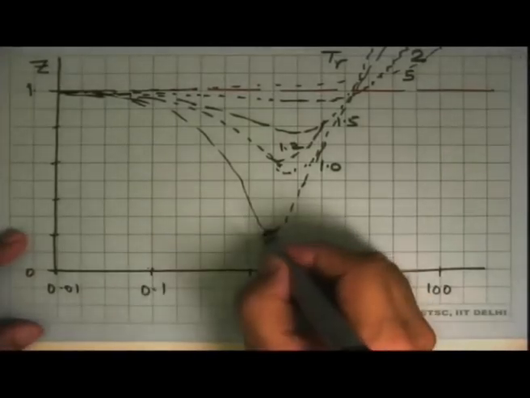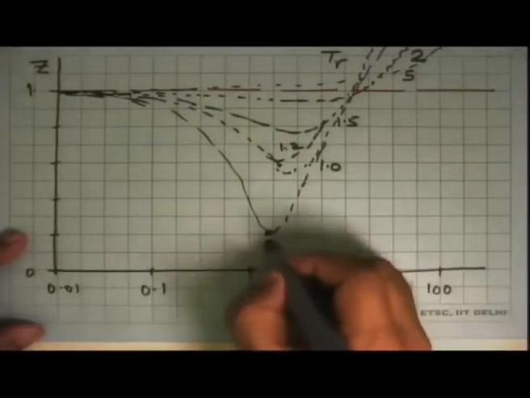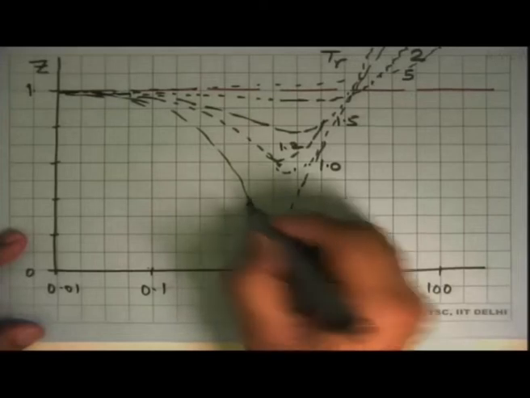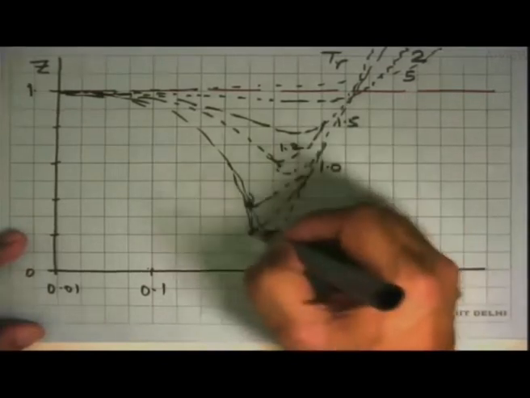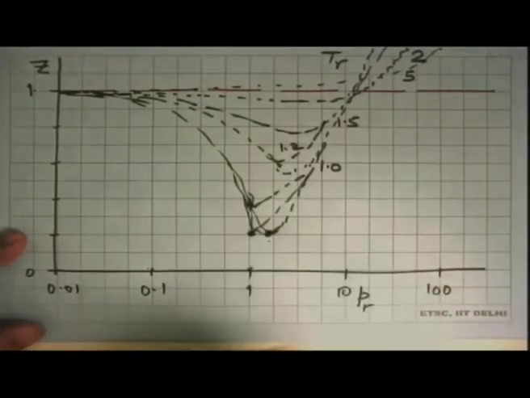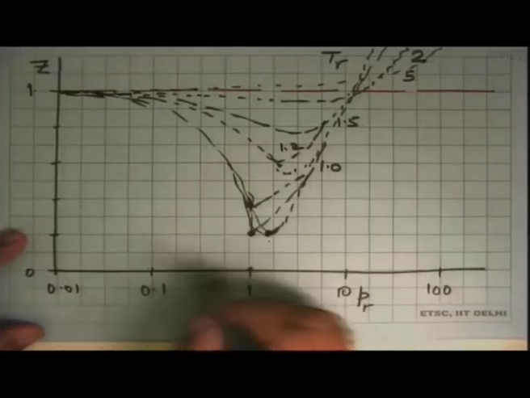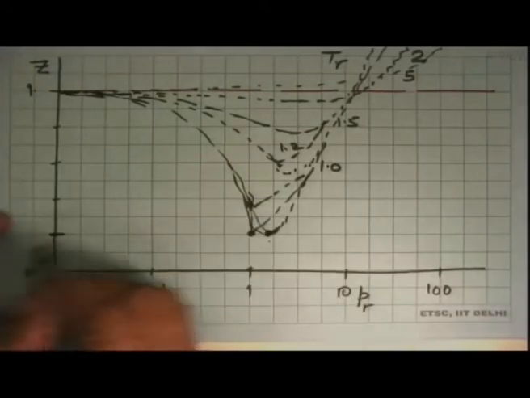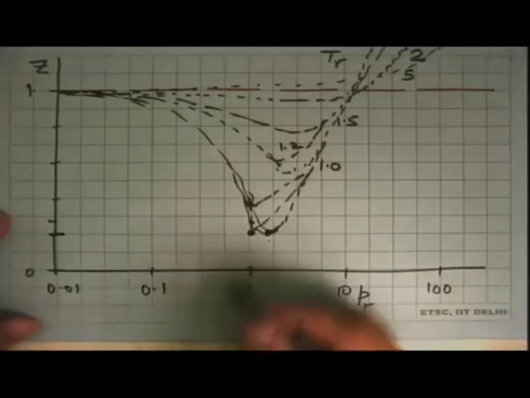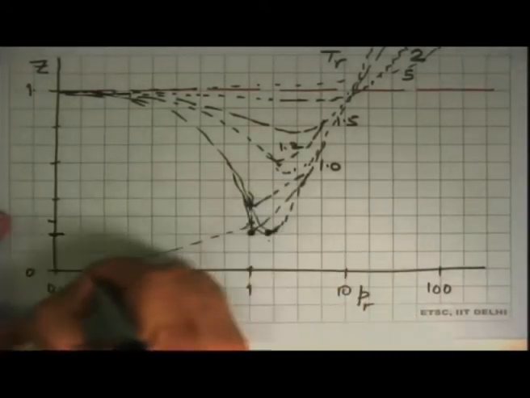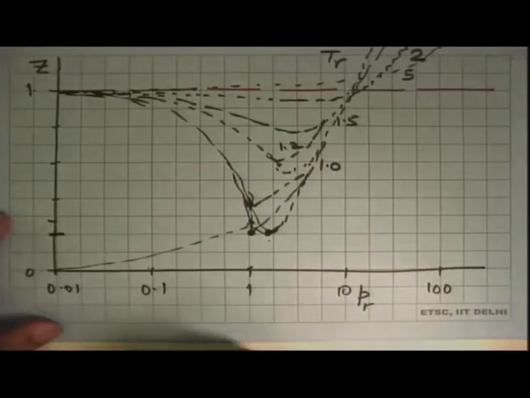Sorry, so this line should be like this, 1 and 2, so somewhere there. So reduced pressure is 1, reduced temperature is 1, and you get Z critical, something like 0.27 or something like that. And below that, we start getting a curve like this.